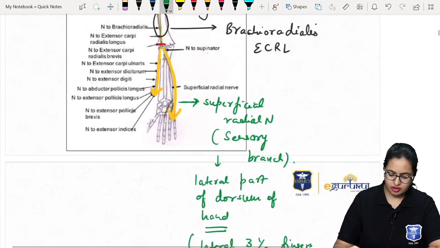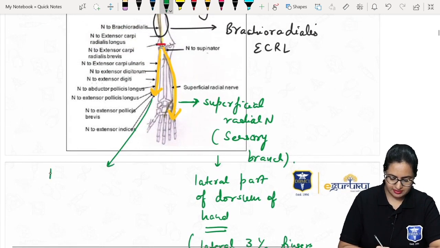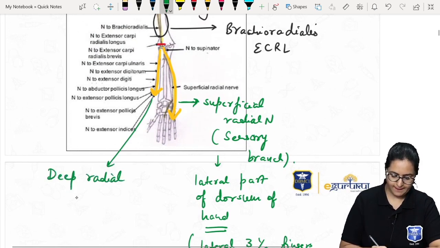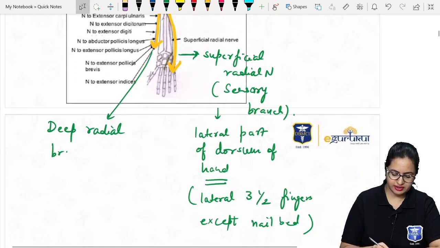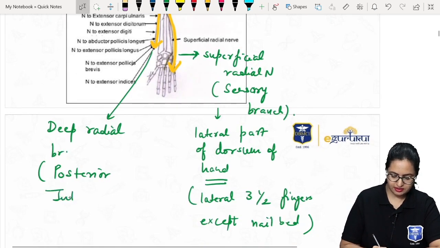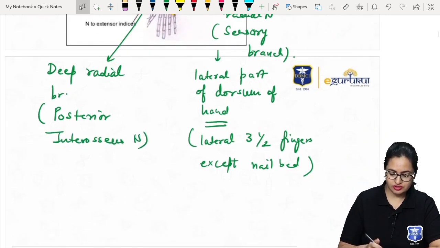Talking about this another branch over here, this is the deep radial branch, or the deep branch of the radial nerve, and this is also given the term posterior interosseous nerve.